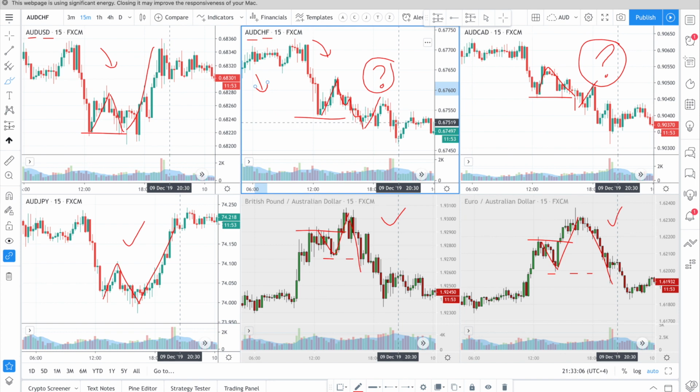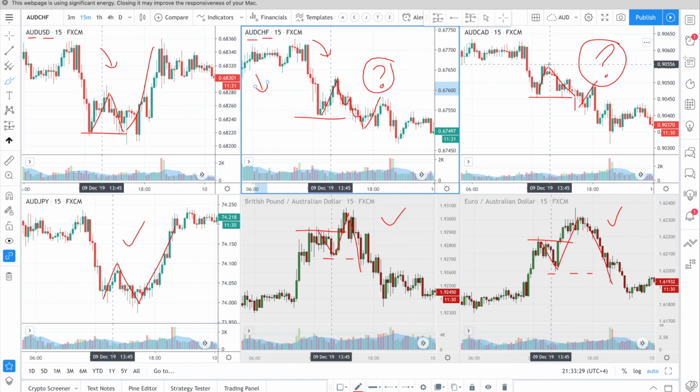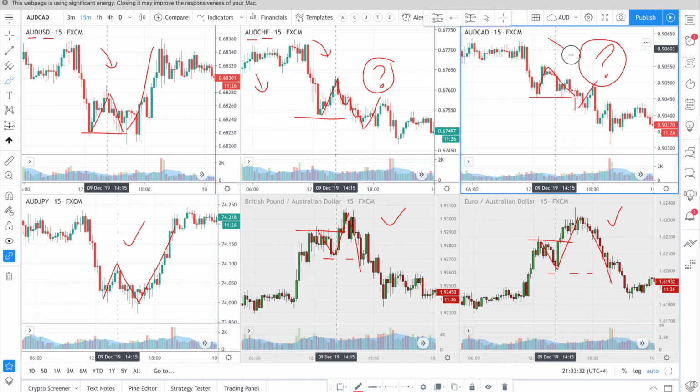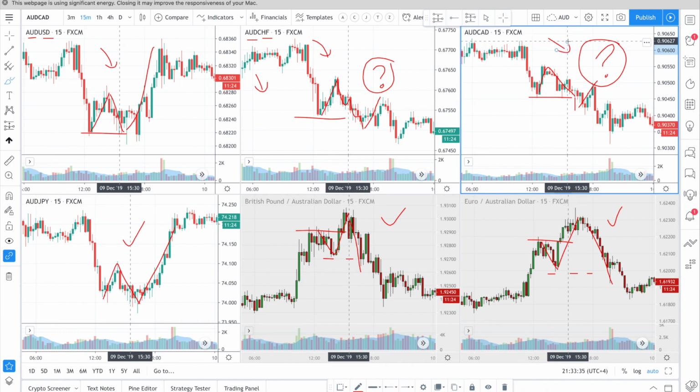So when you go through the digestion process and you see subtle clues like this, wait, one of them made a higher high, the other one didn't, it means something. And what it means you need to figure out based on, is it the majority doing that? Is it only the one pair doing that? Once you get to see all that, you're going to be like, why? For example on Aussie CAD, you can be like, why is this one not going higher high while everybody else might have gone?